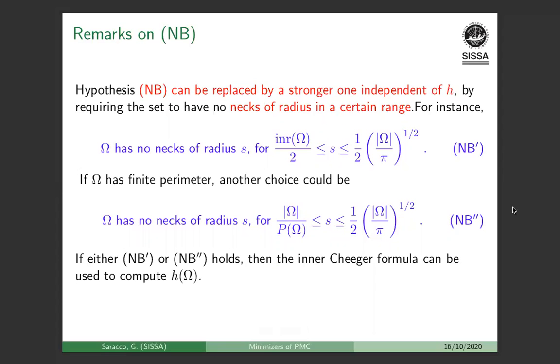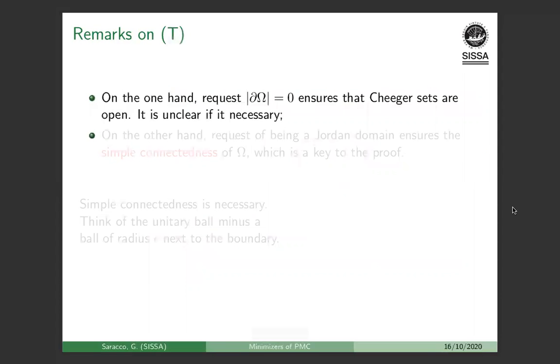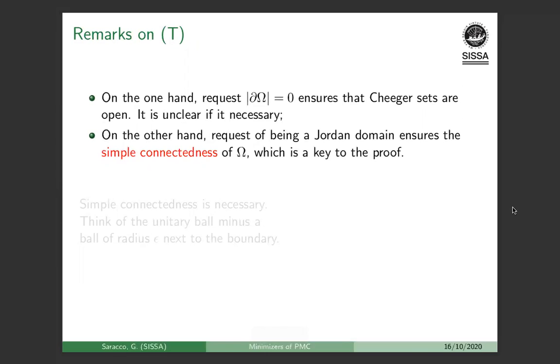Okay. Now, some more remarks on the topological assumptions. There is this request that the volume of the boundary is 0. Now, it is unclear if it is necessary. I believe it is not, but it allows us to prove that minimizers are open, which is nice. On the other hand, the request that omega is a Jordan domain is somehow needed because it ensures that your set omega is simply connected, and this is a key piece of the proof.